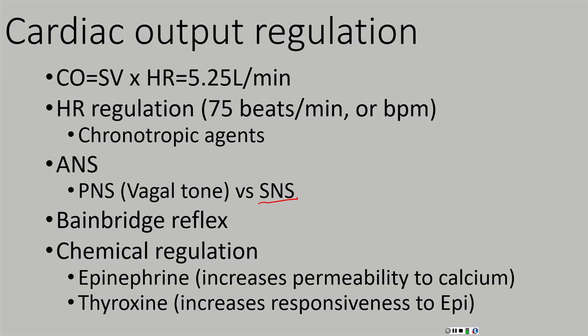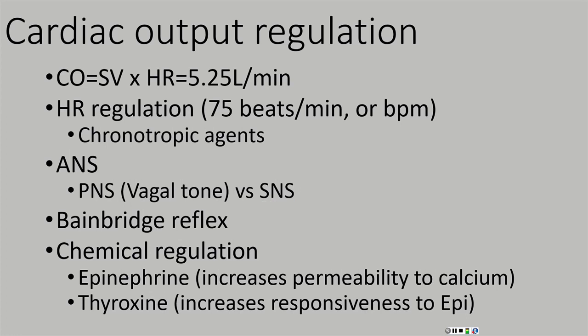The Bainbridge reflex is a reflexive activity that prevents that from happening. When there is an increase in venous return, the stretched atria activate the sympathetic nervous system to increase heart rate in order to prevent pooling of blood at the heart.